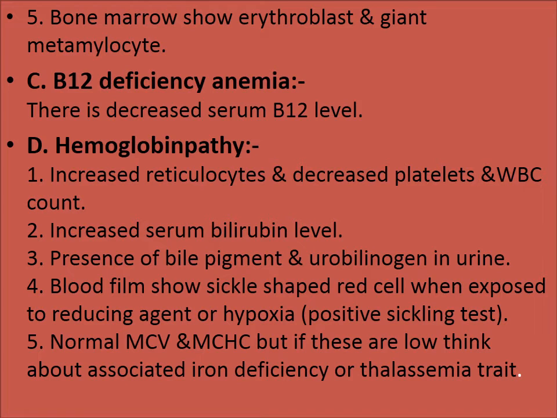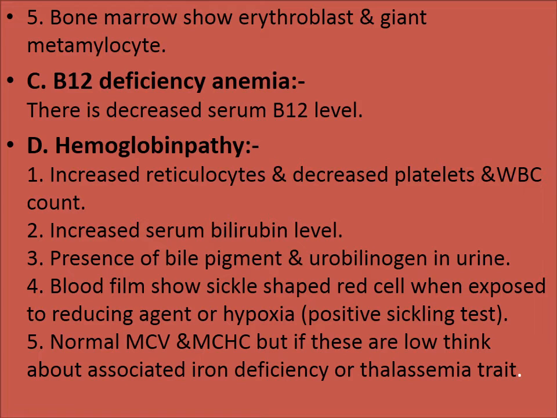For hemoglobinopathy, there is increased reticulocytes and decreased platelets and white blood cell count, increased serum bilirubin level, presence of bile pigment and urobilinogen in urine, and a blood film showing sickle-shaped red cells when exposed to reducing agent or hypoxia. This is called a positive sickling test.